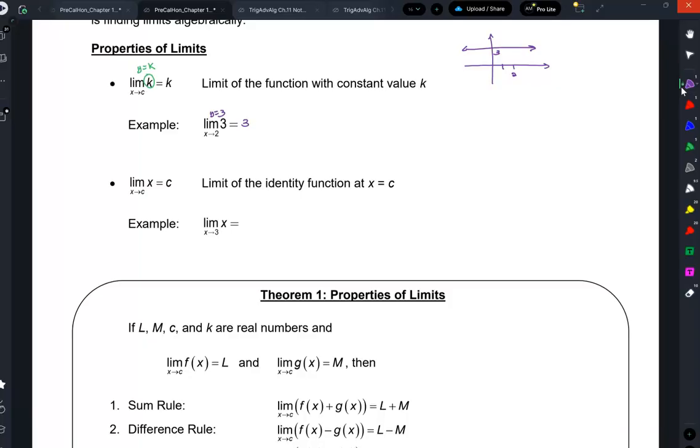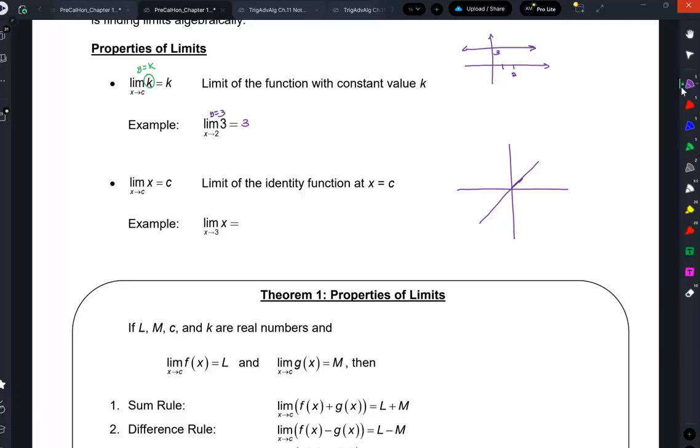But what if you have the limit as x approaches c of x? Now y equals x is the identity function, right? So as x approaches 1, what is y approaching? 1. And as x approaches 5, 5.